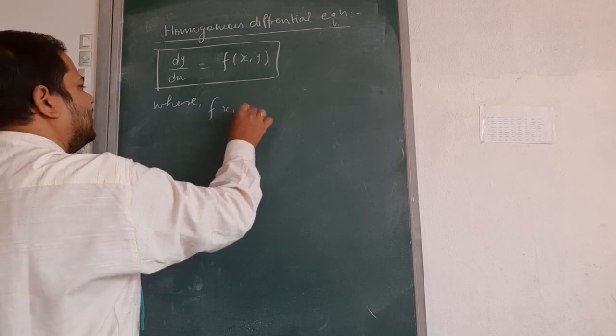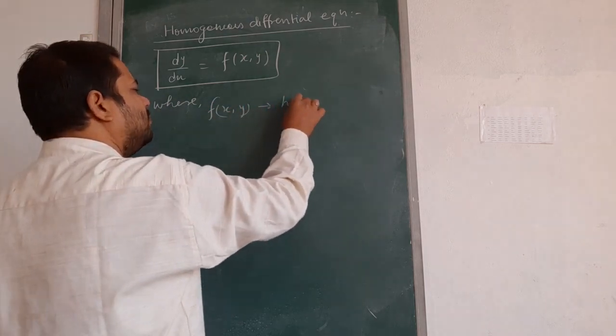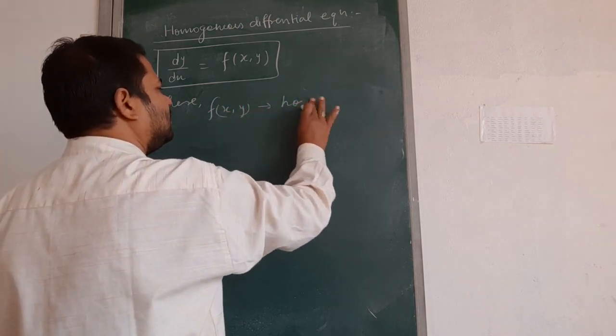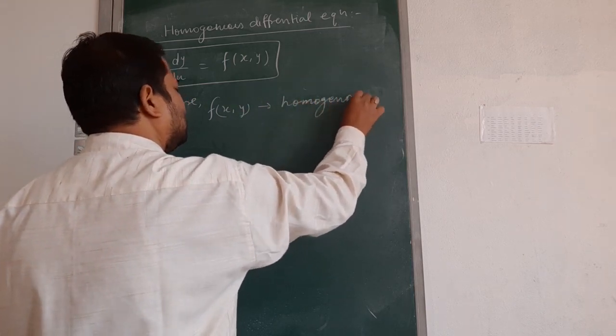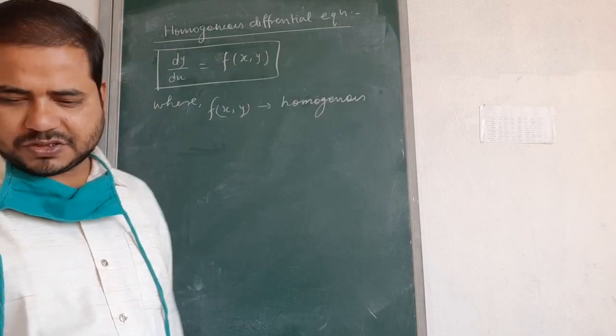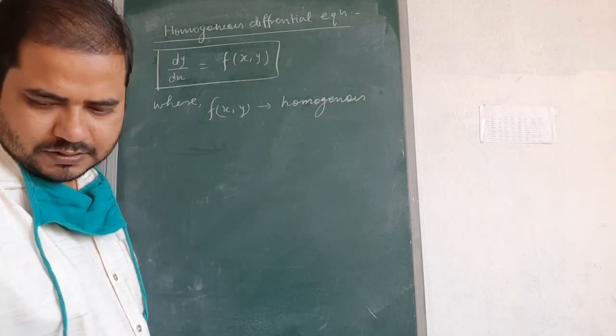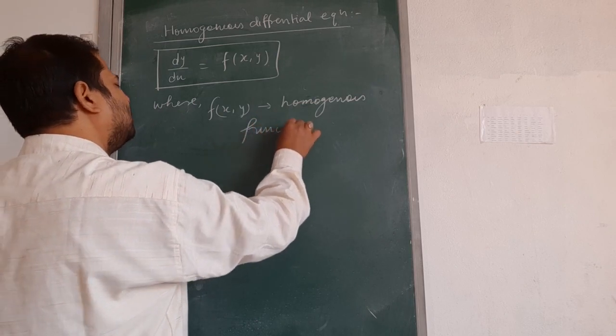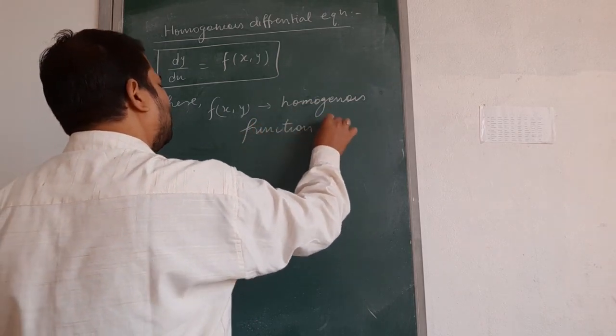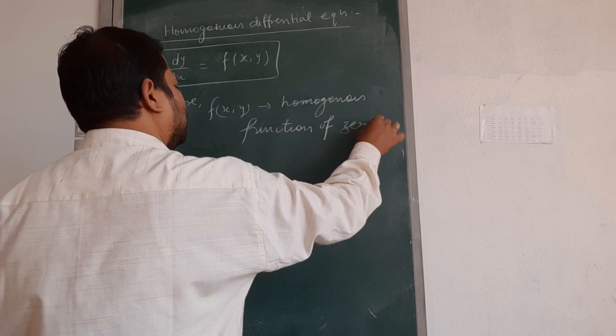f(x, y) is a homogeneous function of x, y, a homogeneous function of 0 degree.